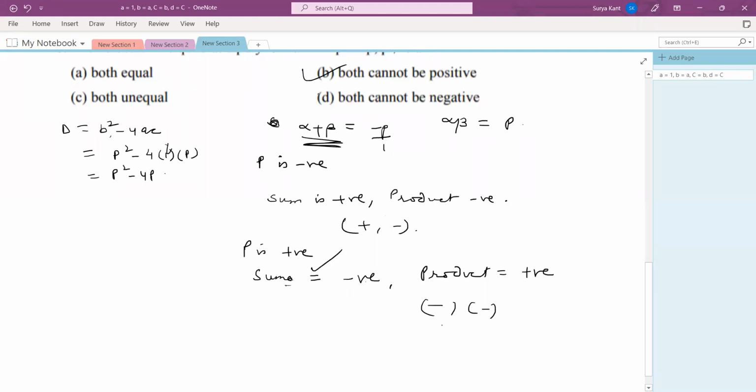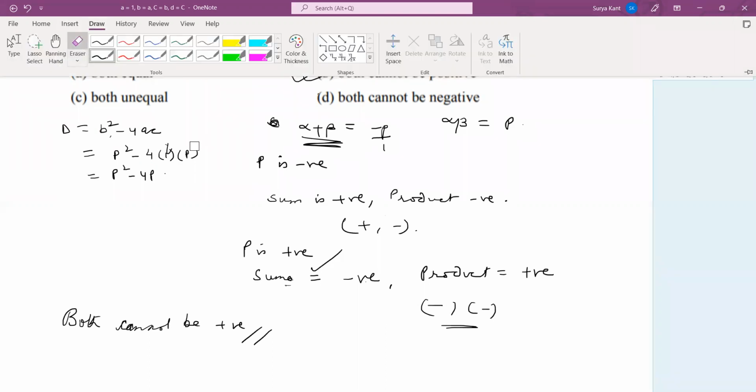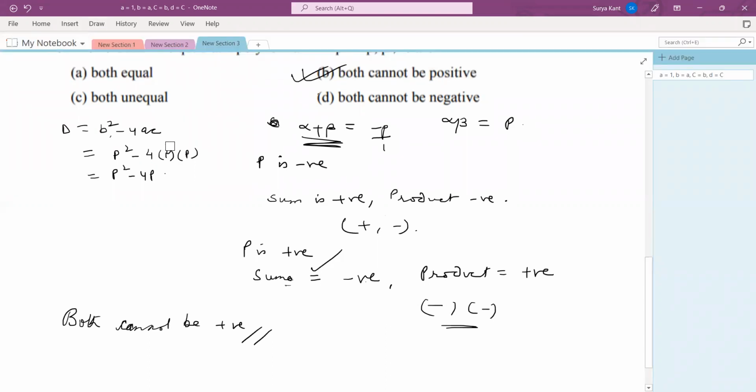So which option is correct? Both cannot be positive. That's why plus is mentioned here, but we can't go only with plus. That's the main thing here, right?